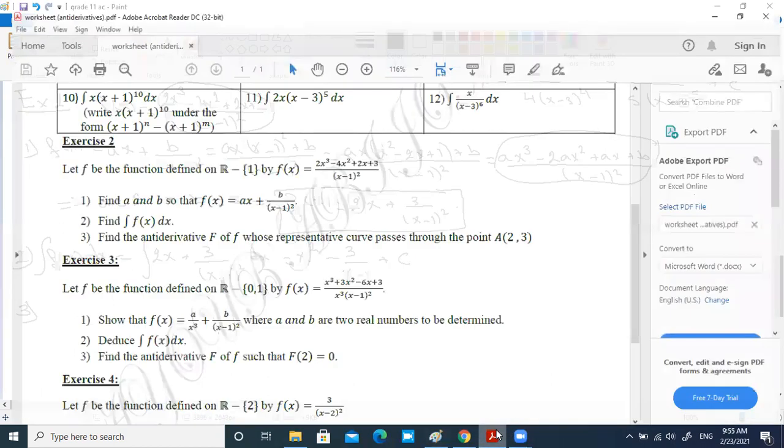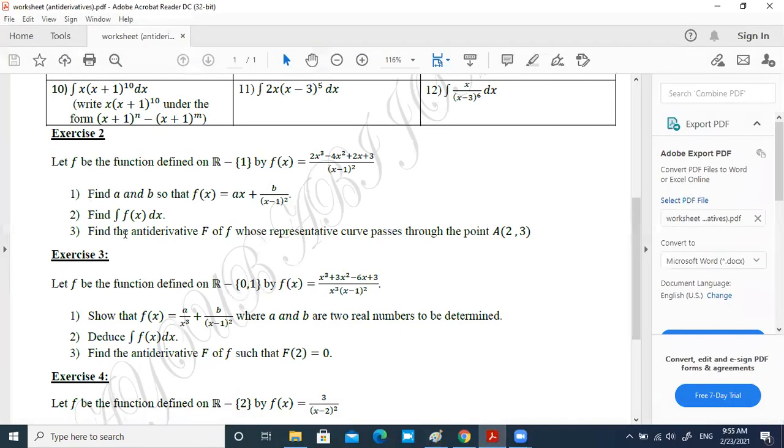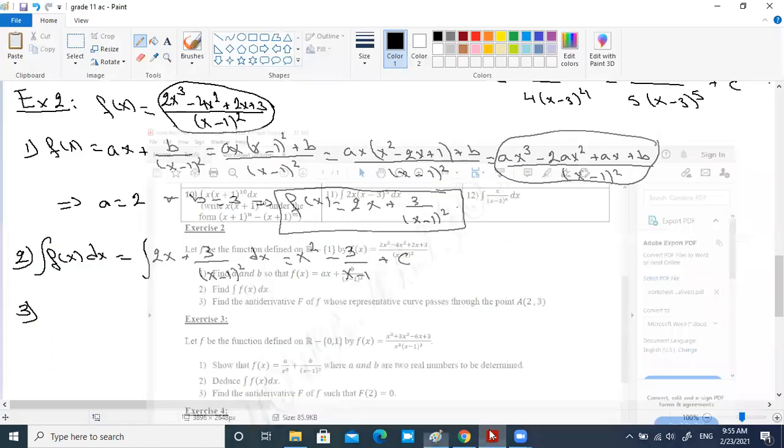Now part 3, determine the antiderivative capital F of f whose representative curve passes through the point A(2, 3).